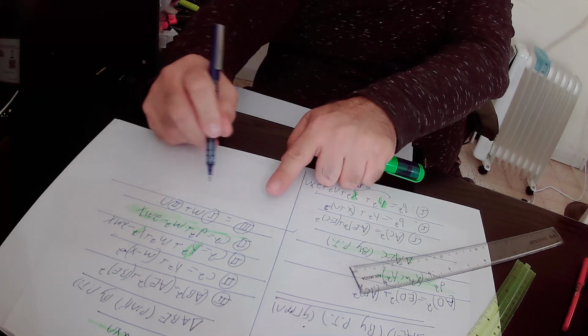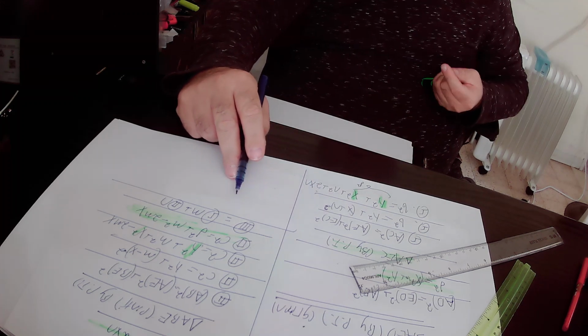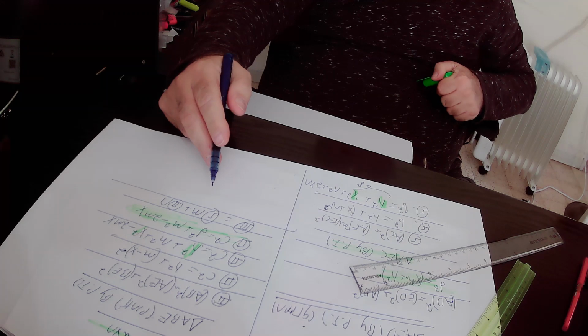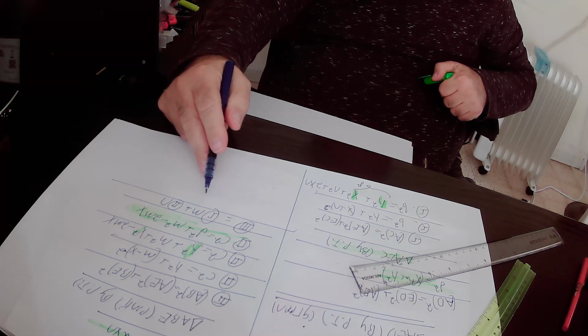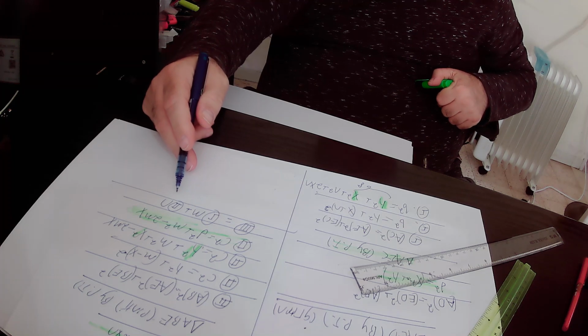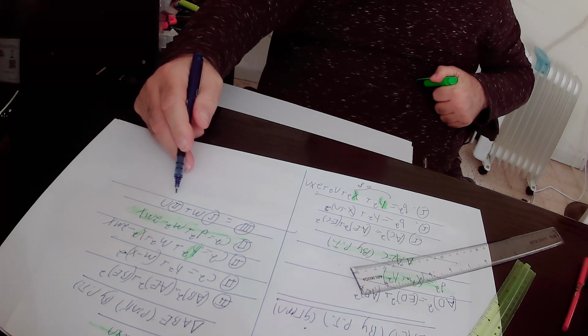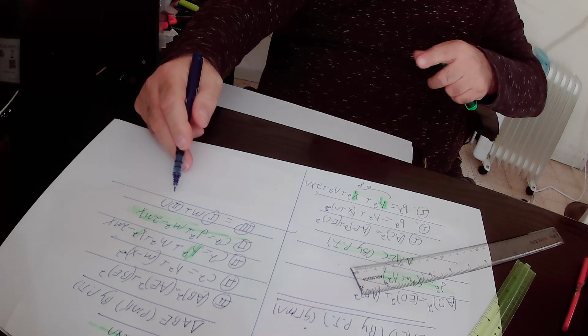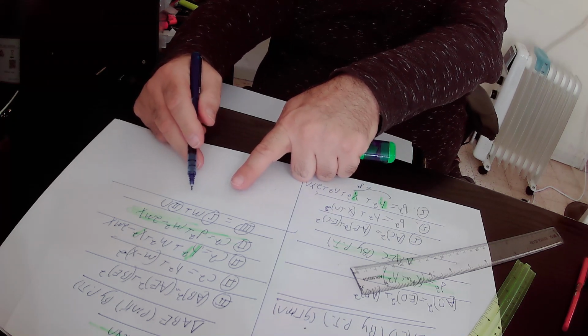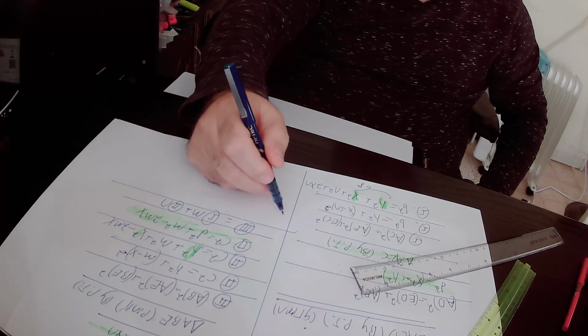This will give us equation number 3. Again, equation number 3 is the multiplication of equation number 1 by m plus the multiplication of equation number 2 by n, and then the addition of the two equations 1 and 2 with each other.